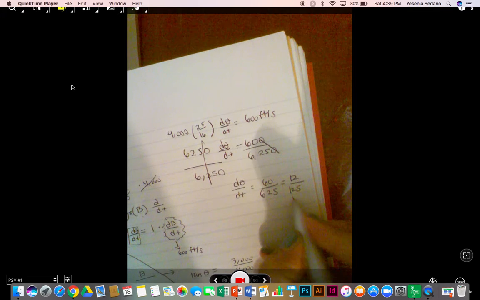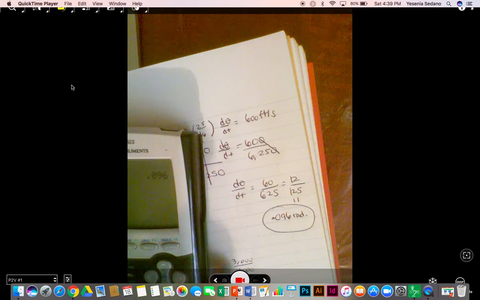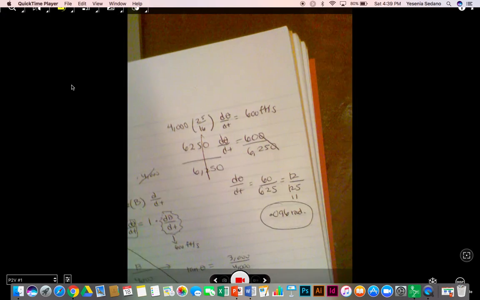If you were to use a calculator, 12 divided by 125 is 0.096, and it will be in radians. And again, remember in college, we never really work with degrees. We work in radians. So that's why your answer for B would be in radians.